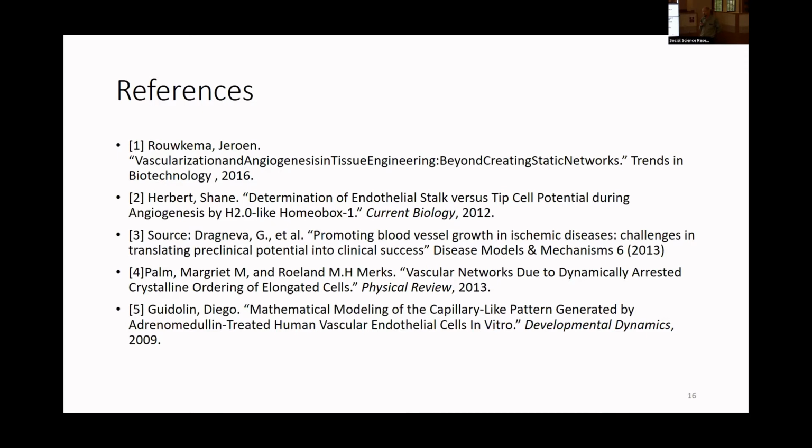And then from there, start by trying to replicate those results, and then move forward to the new geometry. A lot of those were in 2D, so going to 3D is a project. But as Julia said, there's been a fair amount of simulation of tip stalk cell selection.